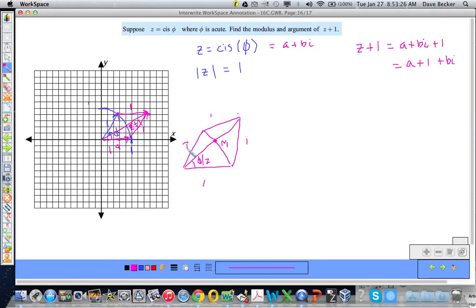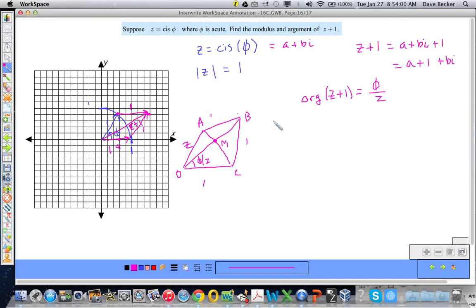This is z, and then this whole thing, if I call this B, A, C, and this is the origin, O, OB is z plus 1. It's this guy right here. So we have a rhombus. So now we know that arg of z plus 1 is equal to phi over 2 because the diagonal of a rhombus bisects the angle, and the original angle we labeled as phi right here.